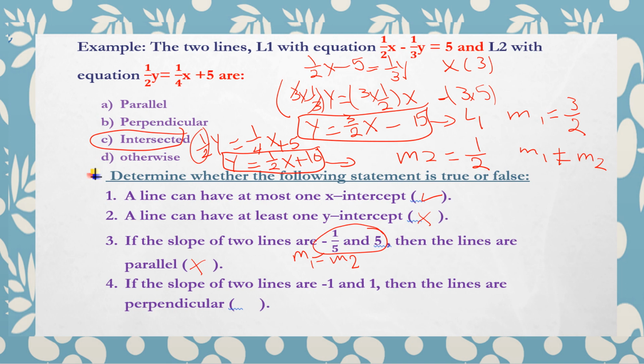If the slopes of two lines are minus 1 and 1, then the lines are perpendicular. This is true, as by multiplying m1 times m2 we get negative 1, so the lines are perpendicular and both slopes are negative reciprocals of each other.